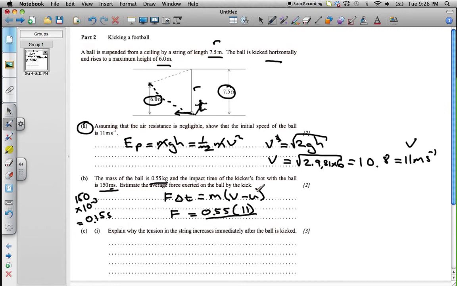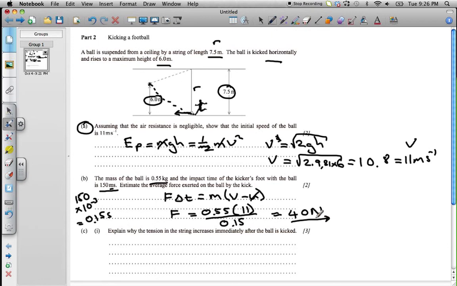The initial velocity was 0, so we can cancel it out, and that's 0.15. So in doing that, we get about 40 newtons.